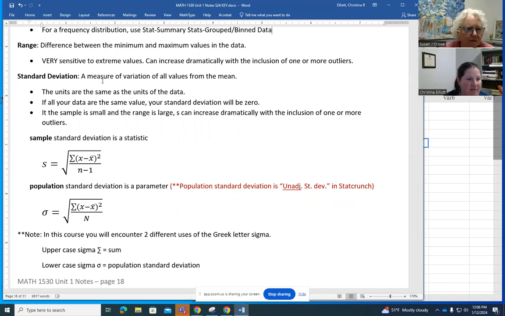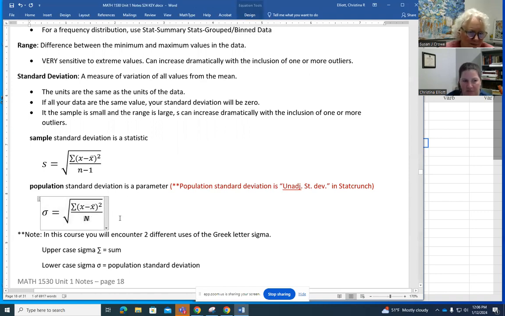The formulas show that for the sample standard deviation, you are dividing by n minus one, your sample size minus one. But that's a slight overestimate of the population standard deviation, because in the population standard deviation calculation, you just divide by your population size.